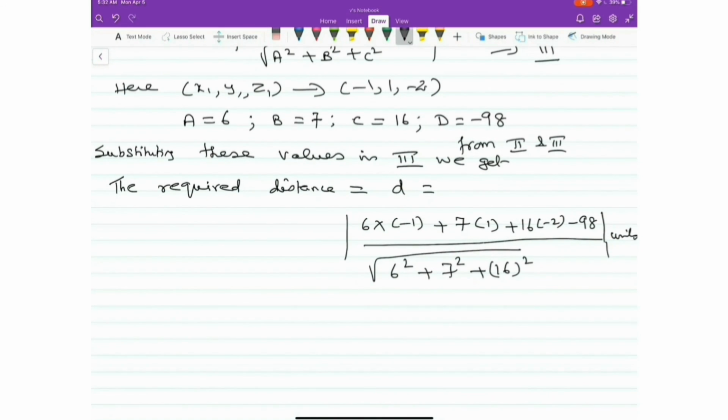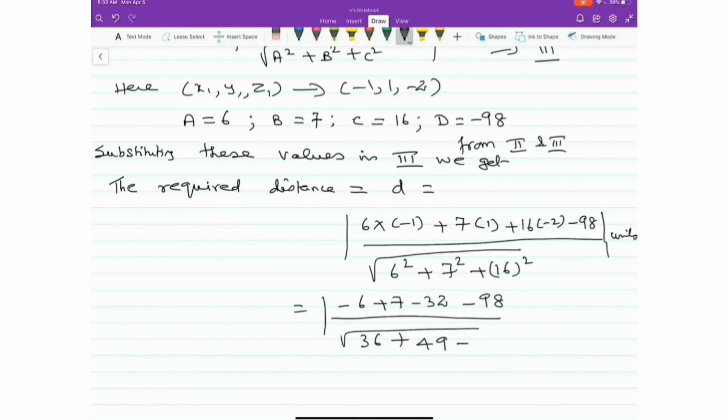This is nothing but minus 6 plus 7 minus 32 minus 98 by square root of 36 plus 49 plus 256.